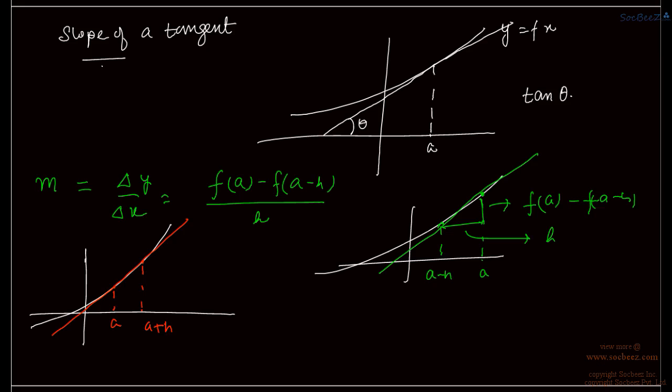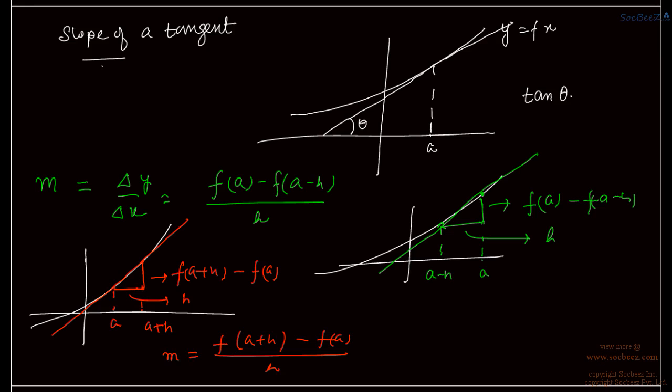So we have a line passing through points a and a + h. Again we can find the slope of this line. This is delta y, which is f(a + h) - f(a), and this length is h. So we have the slope of the red line as [f(a + h) - f(a)] upon h.